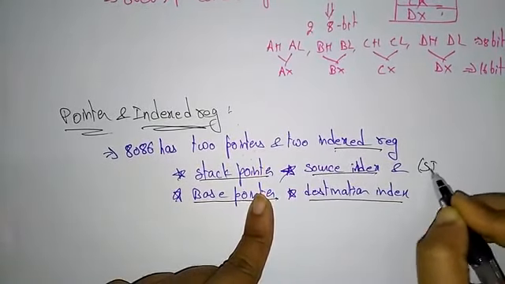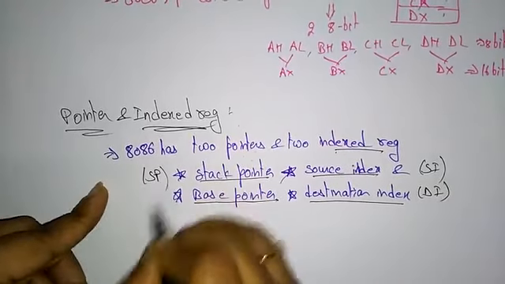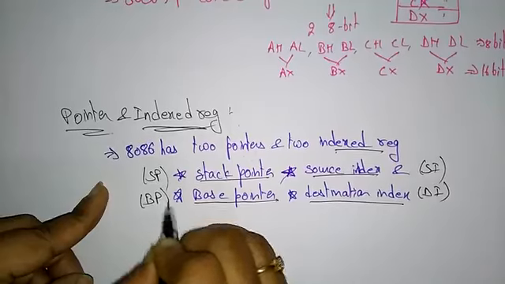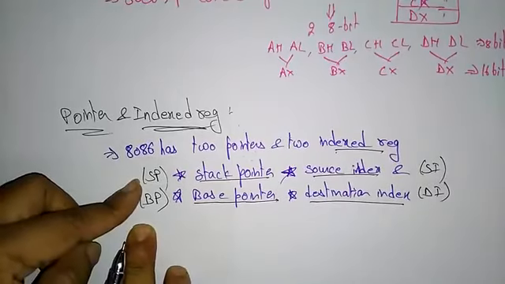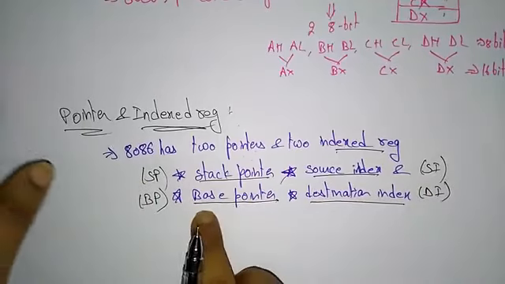SI is the source index, DI is the destination index, SP is the stack pointer, BP is the base pointer.